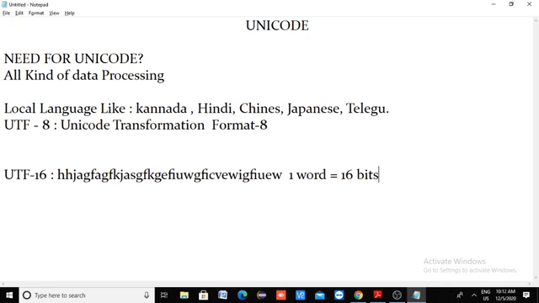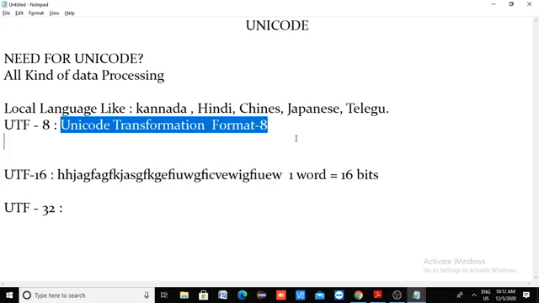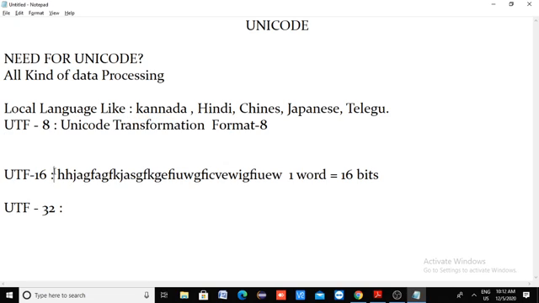Then the next one is UTF-32. What does it mean? The first one is called byte oriented, the second is called word oriented, and this one is called double word oriented.